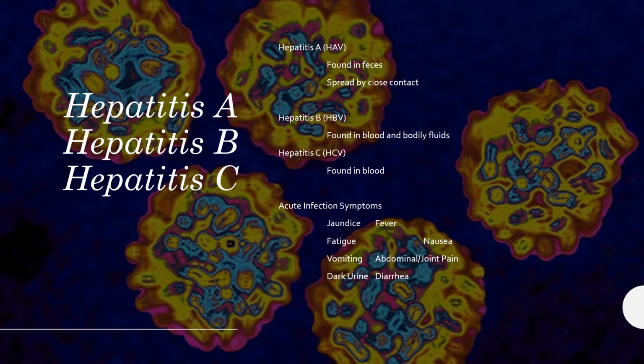Say someone had just gone to the restroom and then prepares your food, and they are an infected person, it's easy to get cross-contaminated that way. The HAV virus usually does not develop into serious complications or any sort of chronic infection like its sister viruses, say hepatitis C.